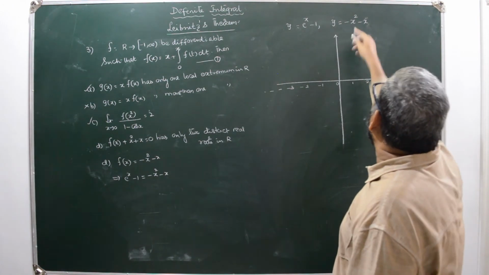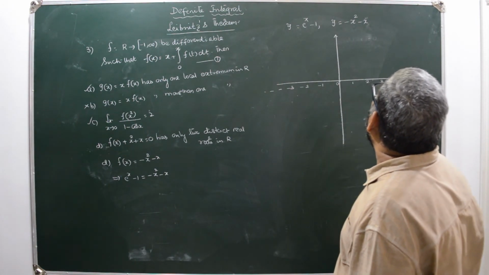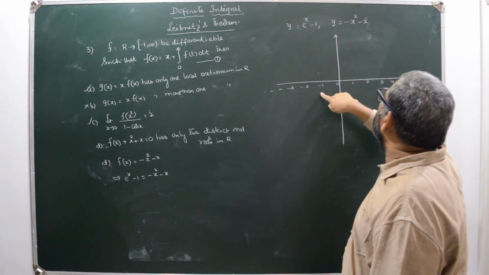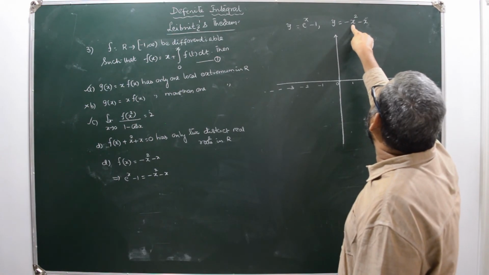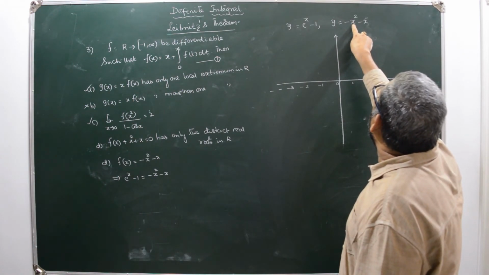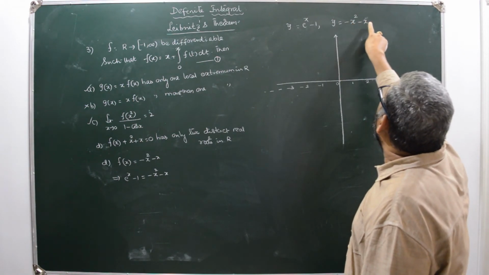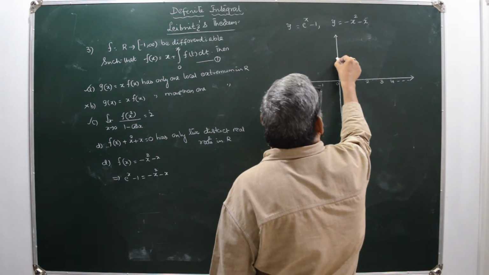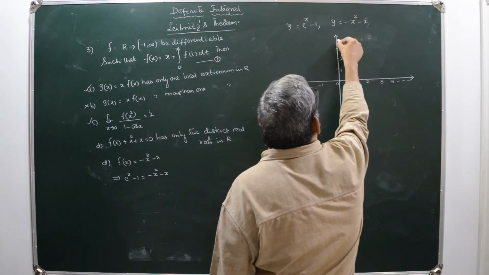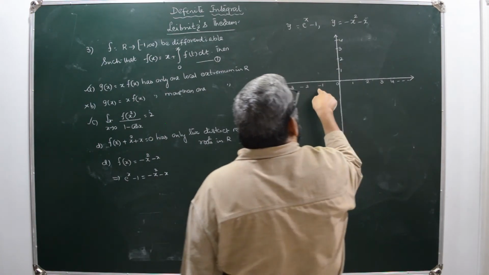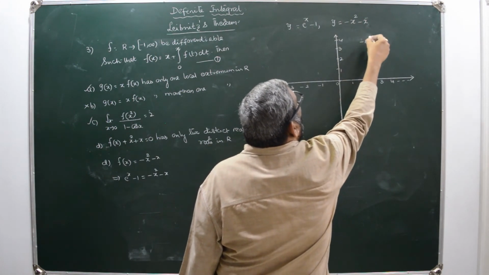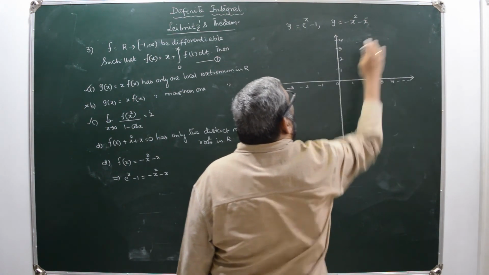Put x is equal to 0. This is 0. Now, take x is equal to 1, minus 1. If you take x is equal to 1, this will become minus 1 minus 1, minus 2. If you take x equal to minus 1, minus of minus 1 whole square, minus 1, plus 1, 0.